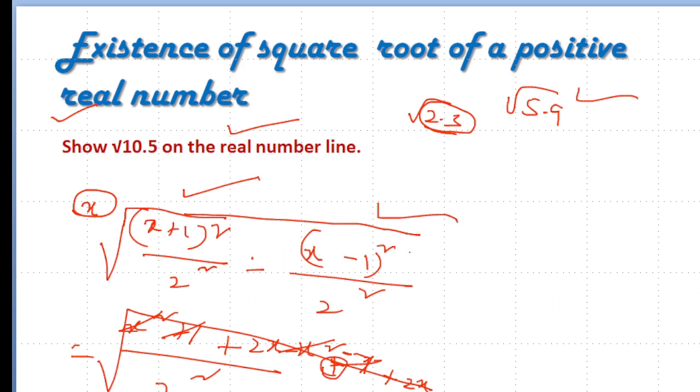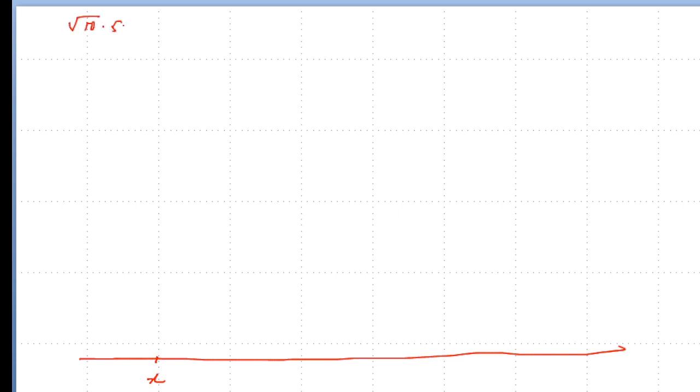Based on this we will make the square root of 10.5 on the number line. See carefully how to make it. First take a straight line on your paper. Mark any point anywhere and call it, for example, X. The total distance we took is 10.5.